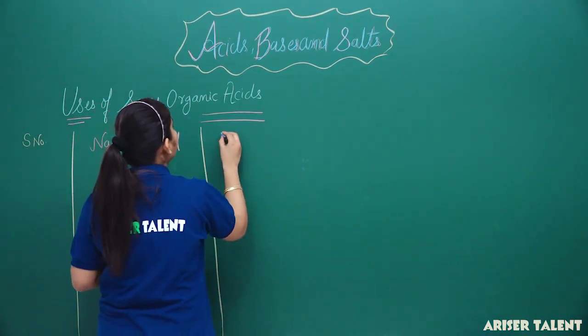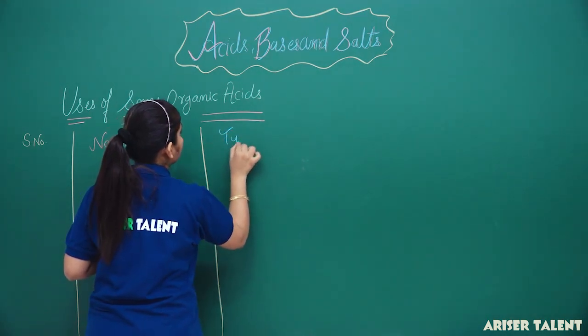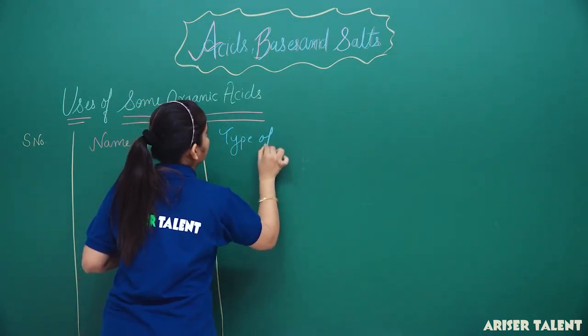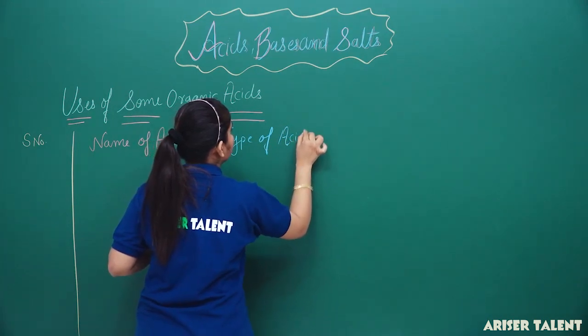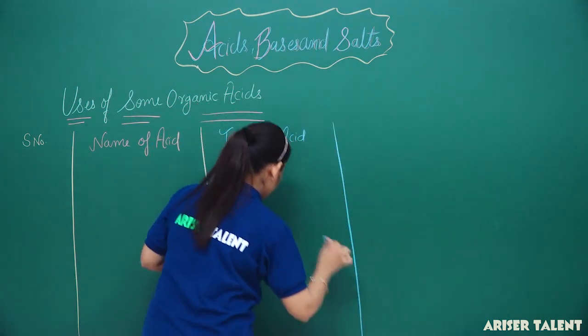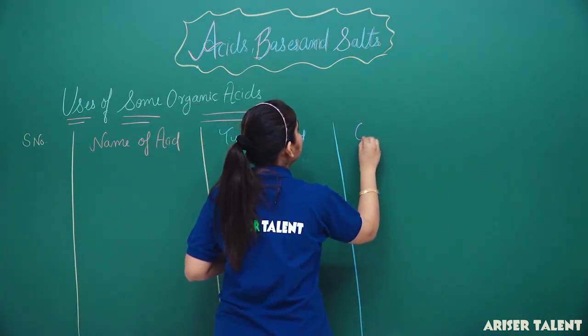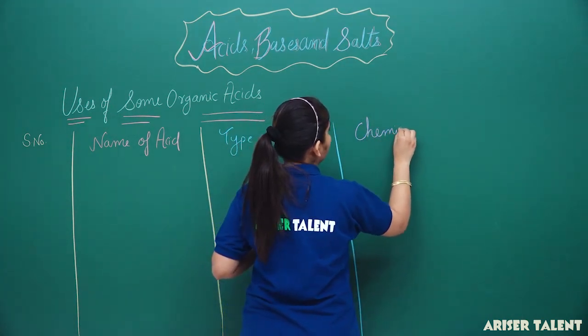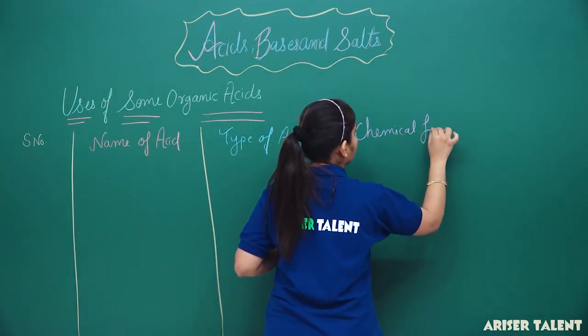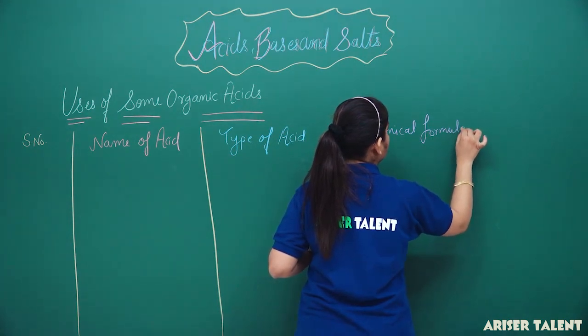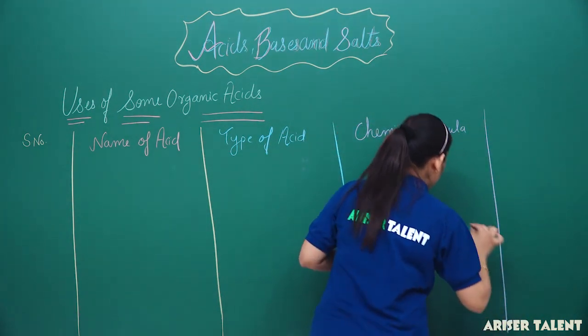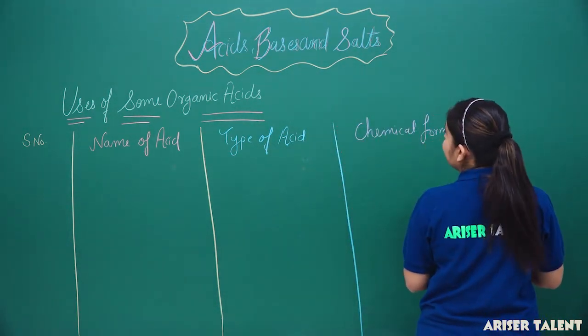Our third category will be the type of acid. Then we will deal with its chemical formula. Then the last will be the uses.